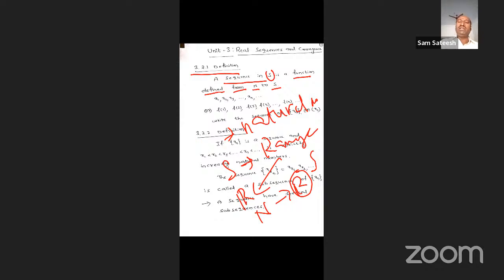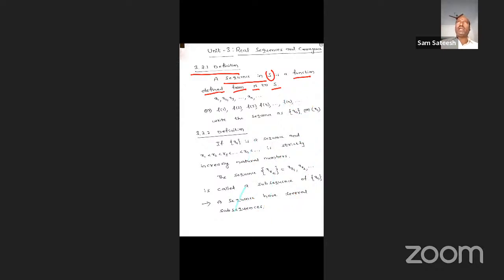Again I am defining: a sequence in S is a function defined from natural numbers to real numbers S. Here x1, x2, x3 and so on, xn and so on. This is the sequence order. S is a function, so you can denote it by function notation also: f of 1, f of 2, f of 3, f of 4 and so on, f of n and so on.